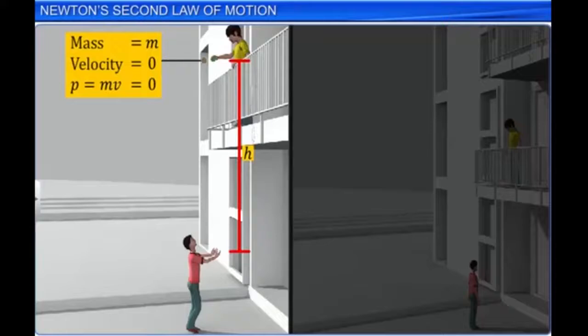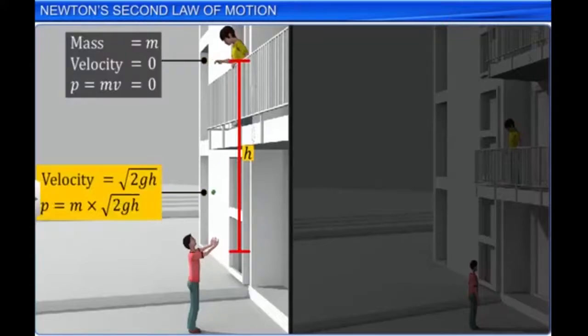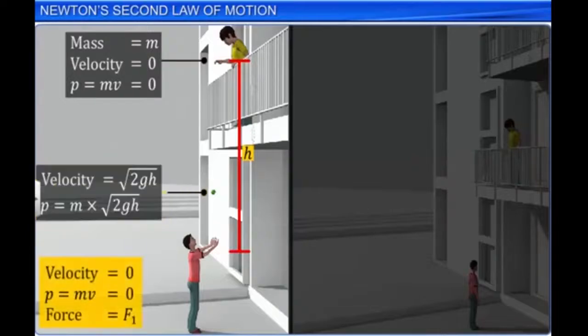As the ball goes down, it gains some velocity and hence acquires a certain momentum. A boy standing on the ground below catches the ball by using a force F. The momentum of the ball becomes zero during the process of catching it, as it comes to rest.